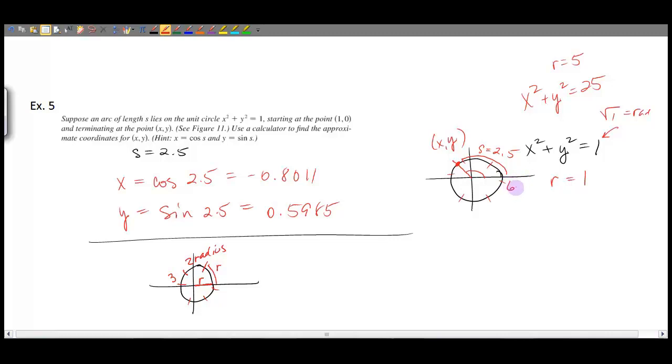That would be 6. So if this is the second radius and this is the third, and we were told at the beginning that I had an arc with a length of 2.5 radians, then my point x, y does fall within that 2.5 area.